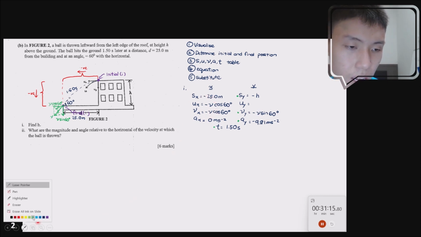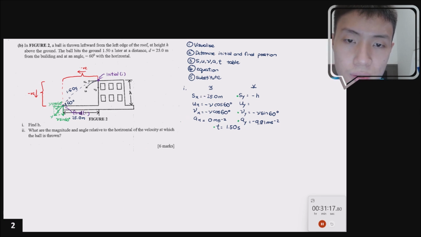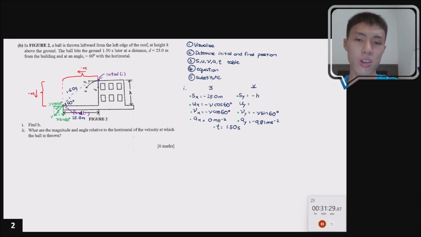Okay, for your x component, you want to find v. V is over here, but v can also be found in ux. You have the value of sx, you have the value of ax, you have the value of time. So make sure your equation has s, a, and t inside, and also either u or v inside in order to find v.